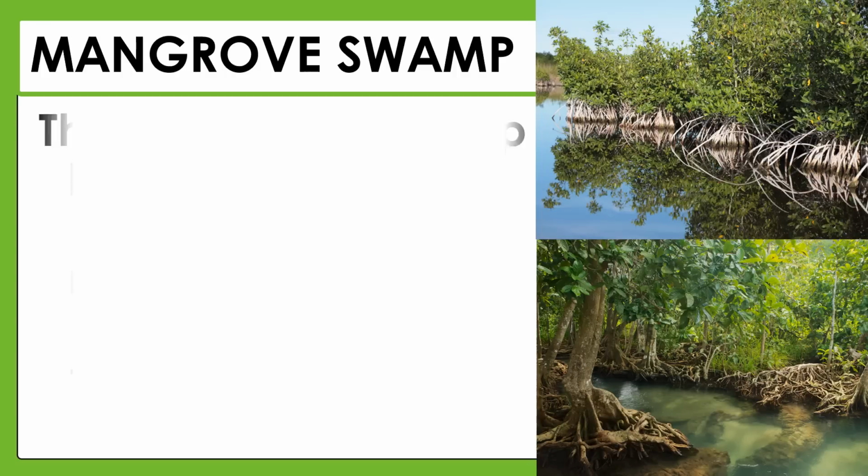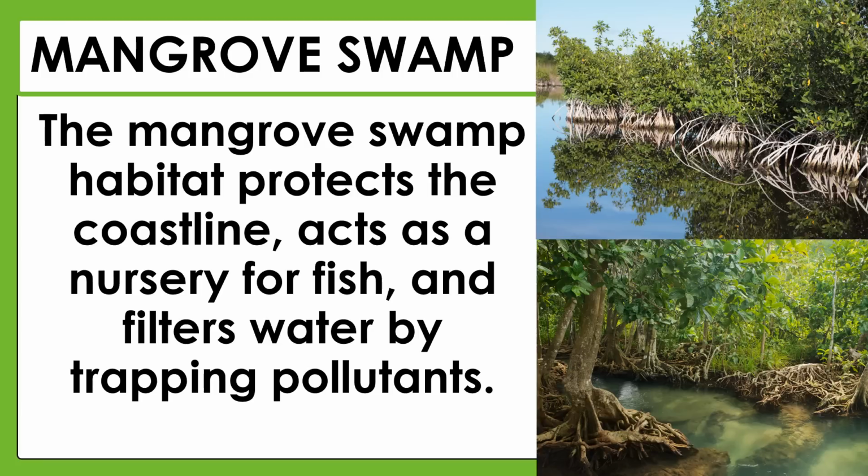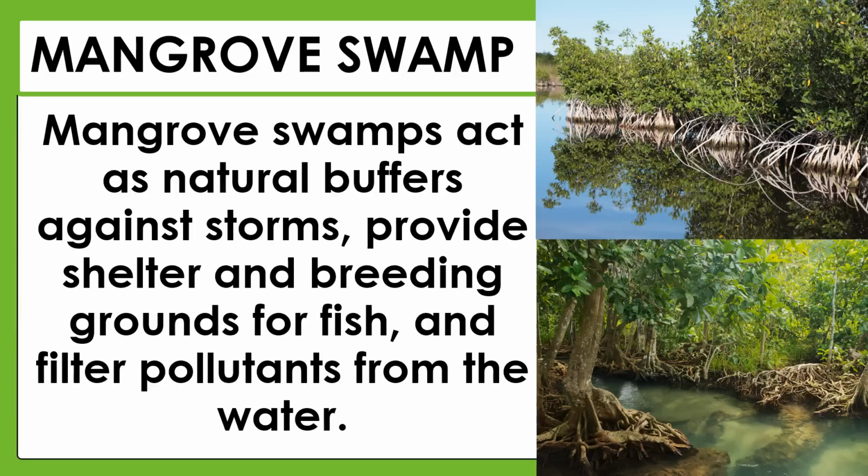Mangrove swamp. The mangrove swamp habitat protects the coastline, acts as a nursery for fish, and filters water by trapping pollutants. Mangrove swamps act as natural buffers against storms, provide shelter and breeding grounds for fish, and filter pollutants from the water.